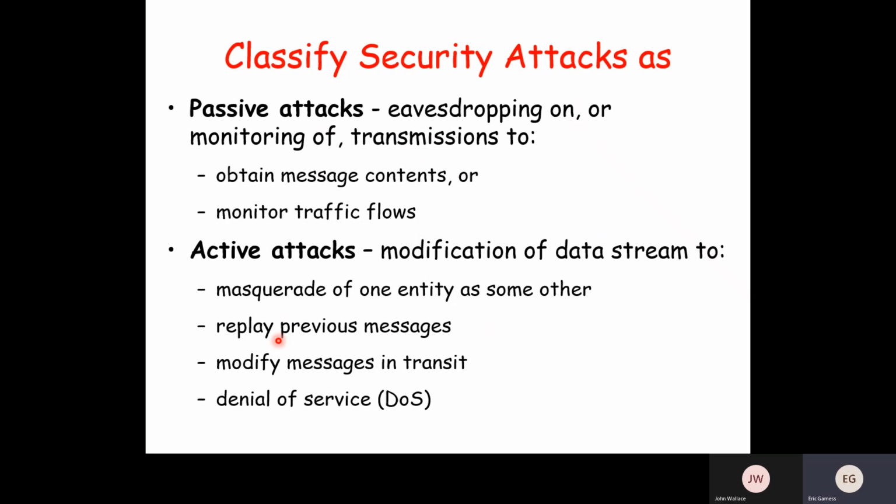This person maybe can copy the transaction when you pay. This transaction can be encrypted, so the person cannot decrypt it, but the person knows that this transaction is the one where you pay. So this person can keep this transaction and hours after try to repeat it, try to send the packet back to the internet to see if the same banking transaction can be repeated. Okay, so this is replaying message.